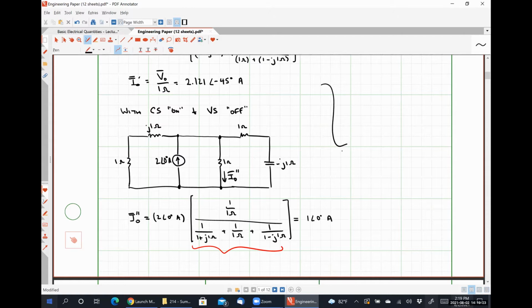So we can put these two results together and find that our current of interest, I naught, would be I naught prime plus I naught double prime, and when we add those two quantities, I get 2.915 with an angle of negative 30.964 degrees amperes.